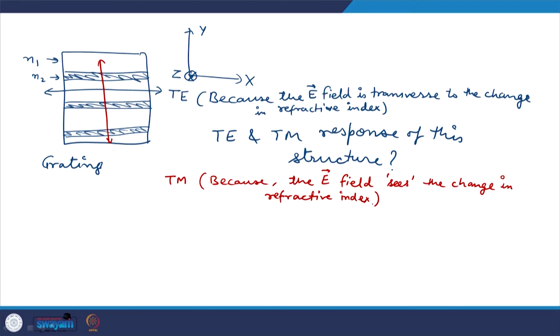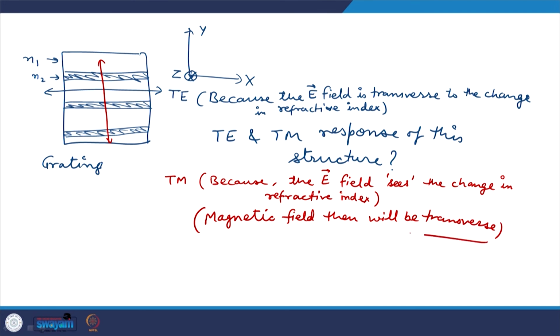So in practice, when you define TE and TM, you are not considering the magnetic fields actually. What you consider is that if the electric field vector sees the change in refractive index, then the magnetic field will not see the change in refractive index, and that is why you call it TM polarized. The magnetic field then will be transverse. That is how you define TE and TM for different structures.